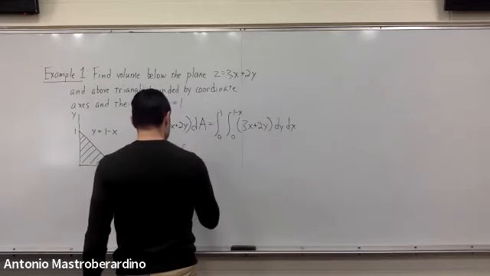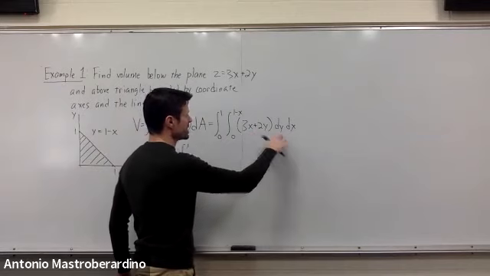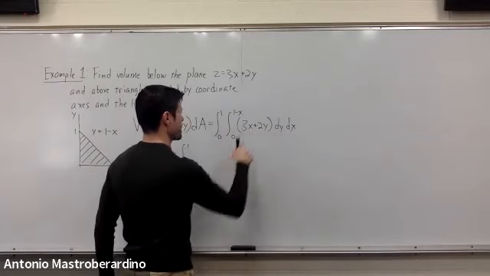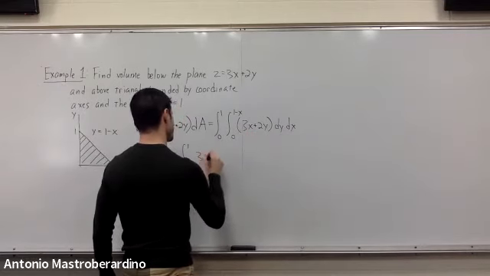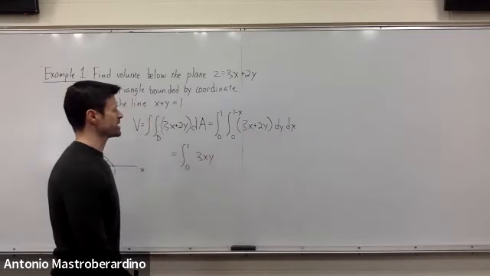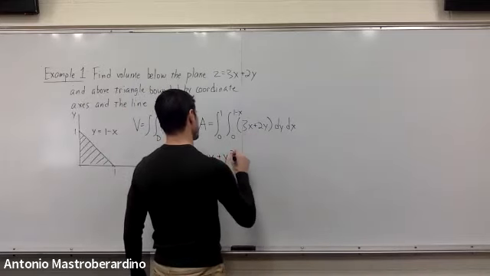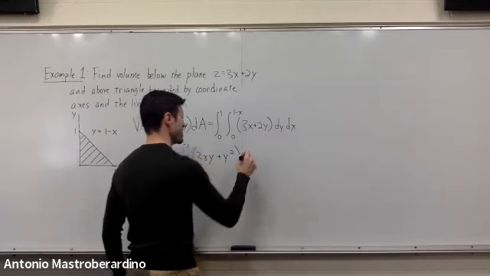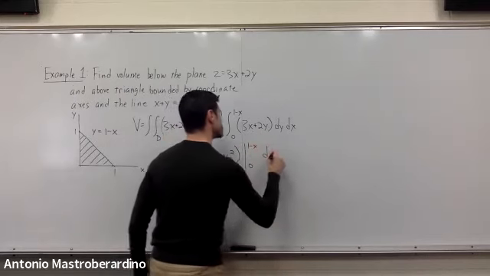So now we find an antiderivative of the integrand with respect to y. So for this first term, the antiderivative of 3x is just 3xy. The 3x is constant with respect to y. And then for this 2y term, it is y squared. So this is our antiderivative, and we set up to do the fundamental theorem of calculus. Right?